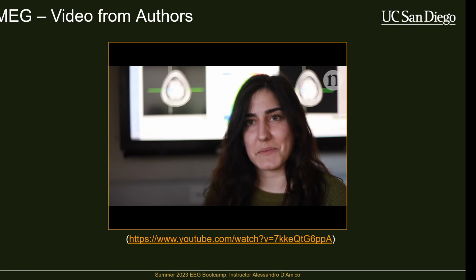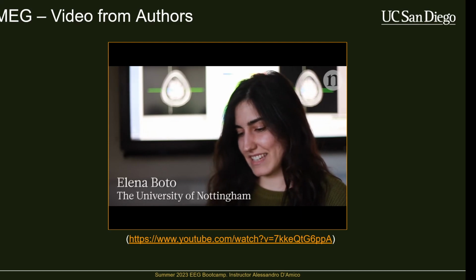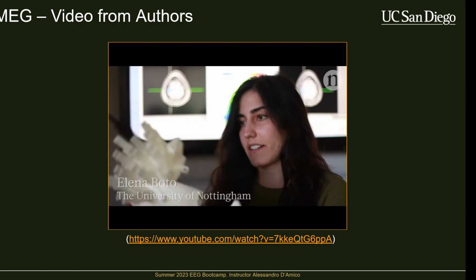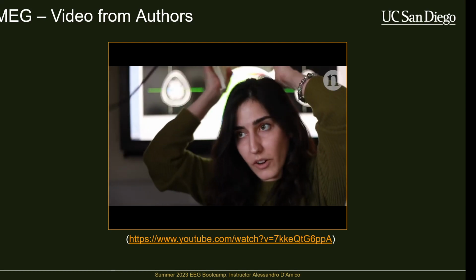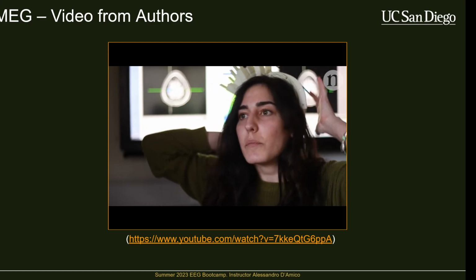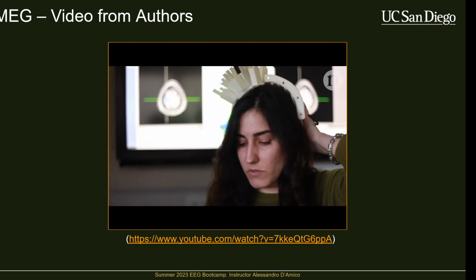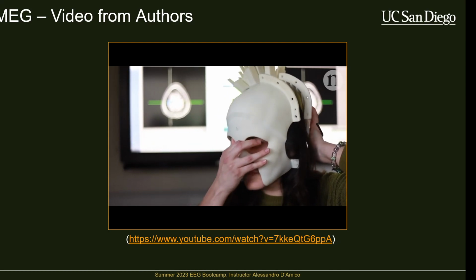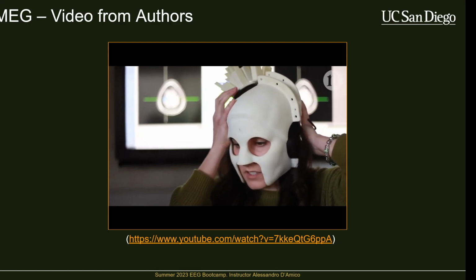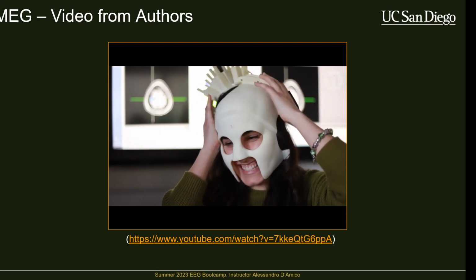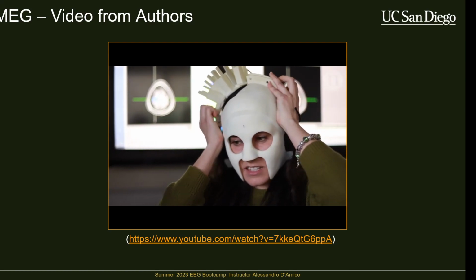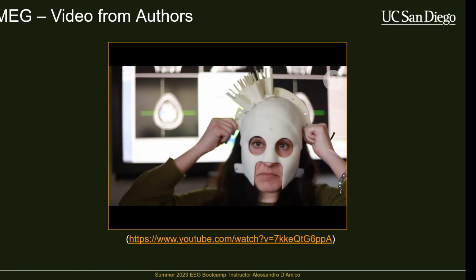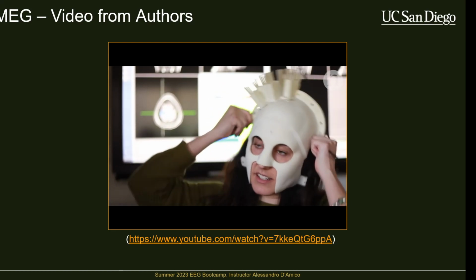I volunteered to be that subject, and yeah, so this helmet relates to two sensors which are over the motor region, the right motor region of my brain, putting it all together. You just fit. Yeah, so you fit perfectly in my head.